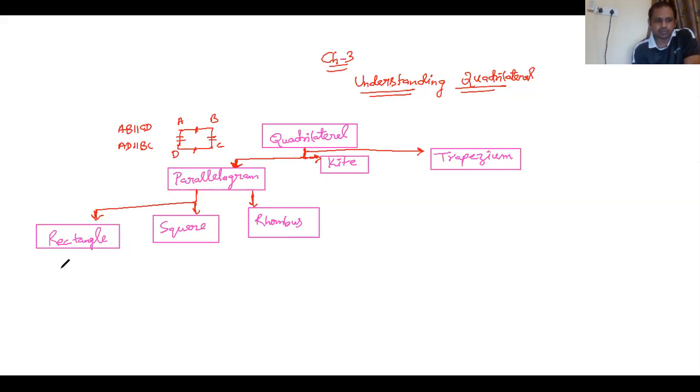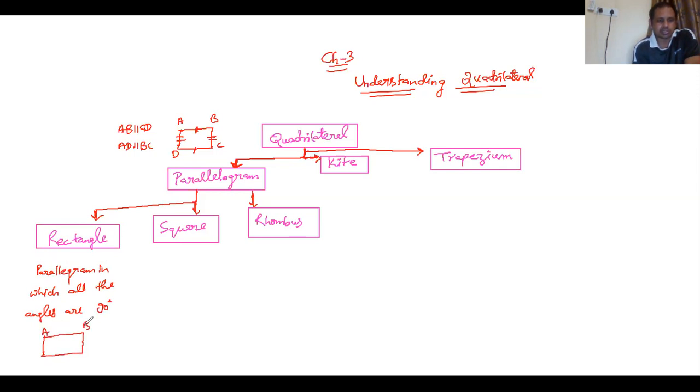And in a parallelogram, if all the angles are 90 degrees, then that parallelogram is said to be a rectangle.